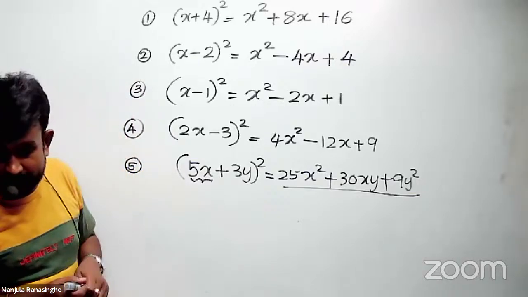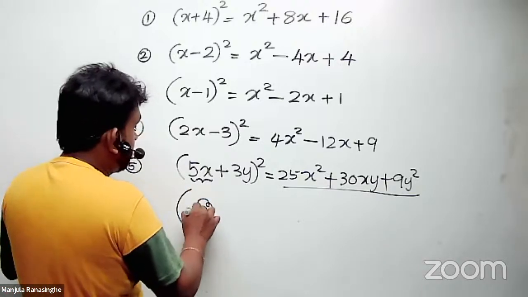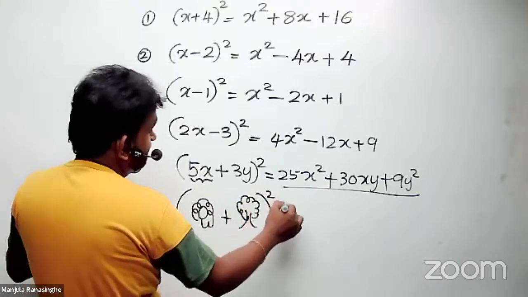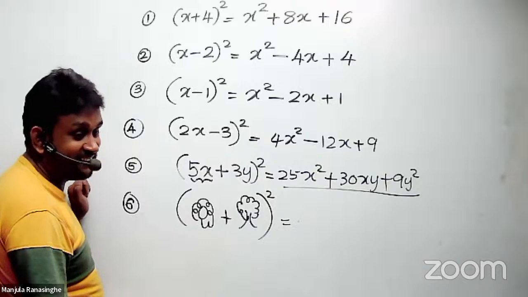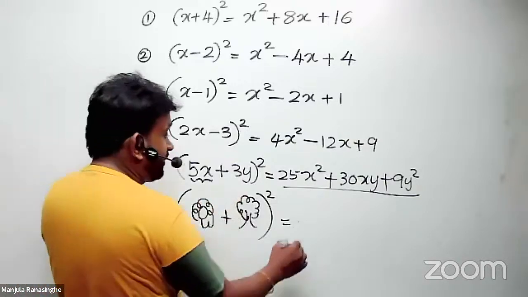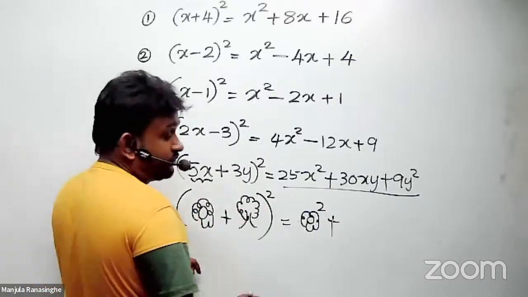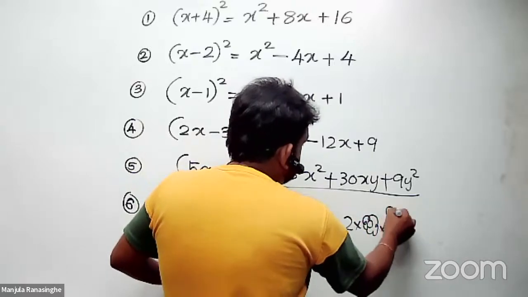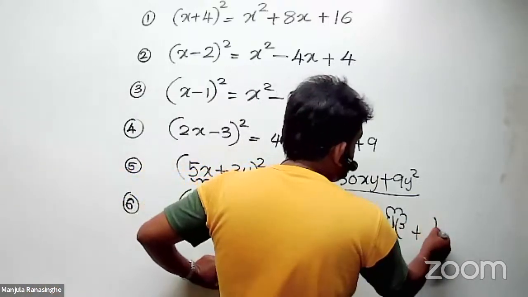Here is the concept. Look at the last one too. Here there is a flower, plus here there is a tree. Tell me what is the answer for this one, if you gathered the knowledge correctly. First term flower, the second term tree. So as per the condition, first term is squared, flower squared, right? Plus 2 into the flower into tree. So 2 into flower into tree, plus the second term is tree squared.